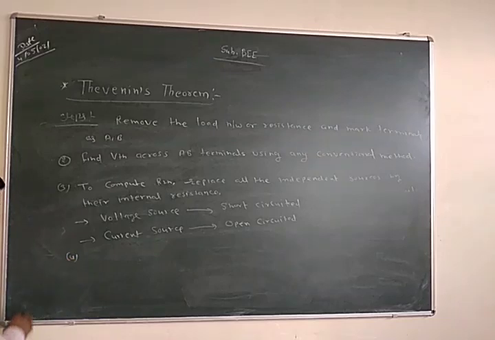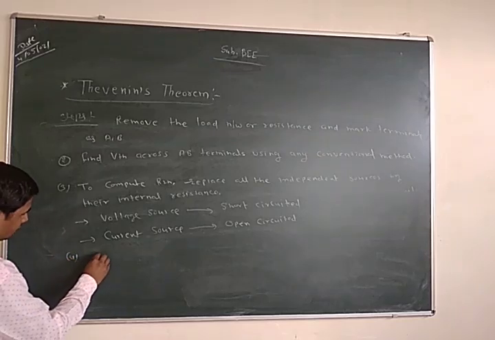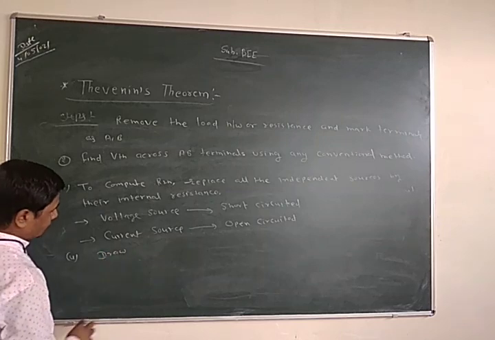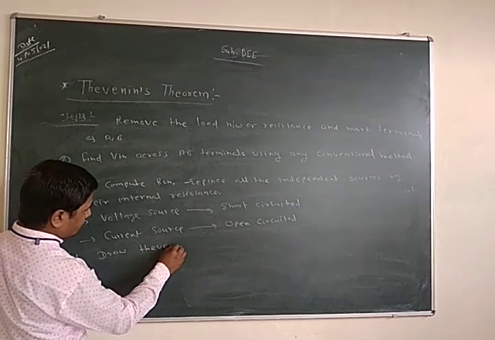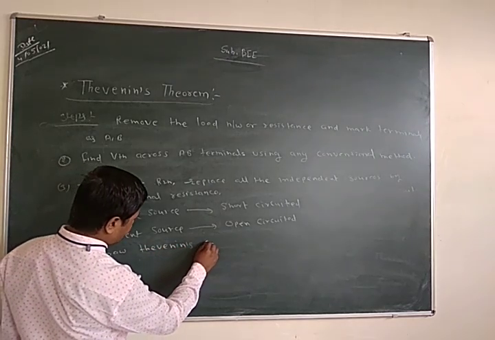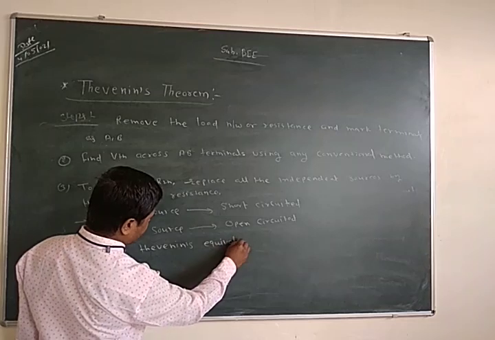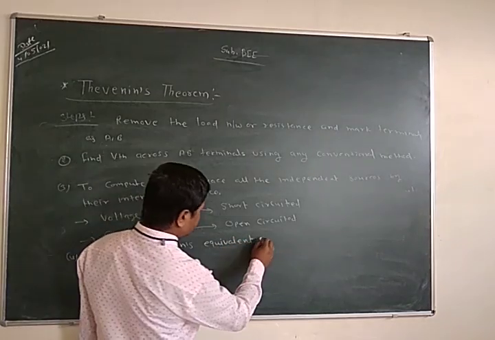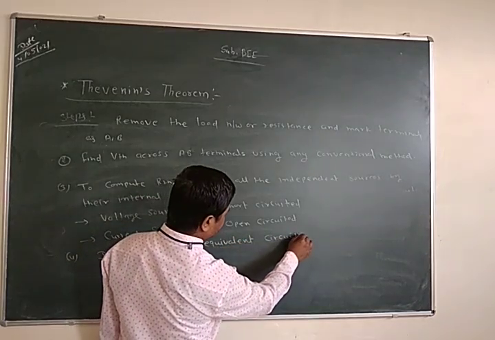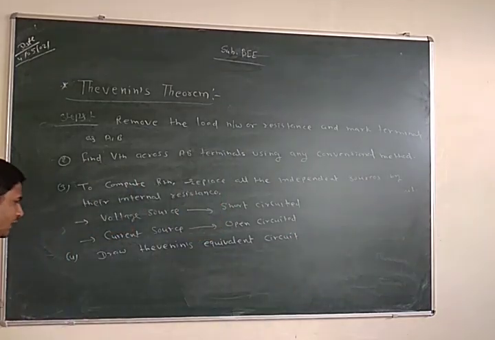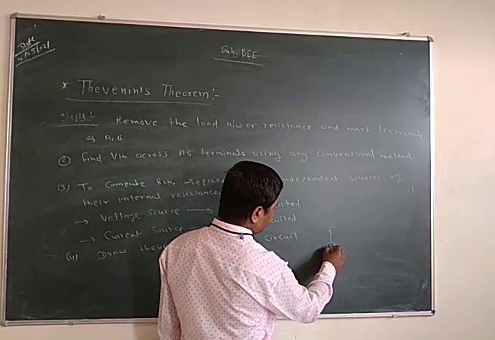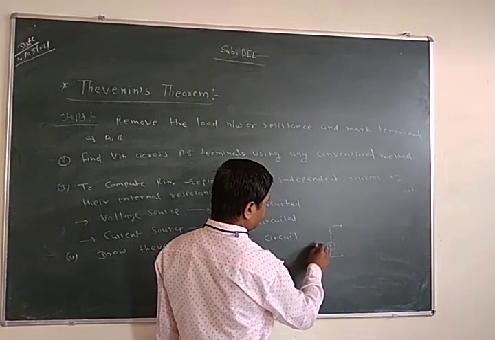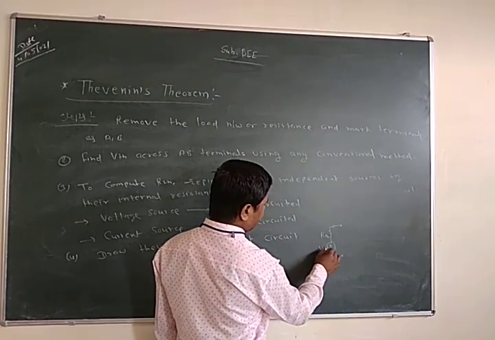Next is step 4. Draw Thevenin's equivalent circuit, which has a resistance and voltage source in series.